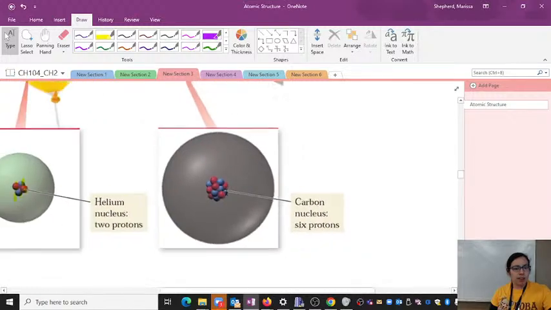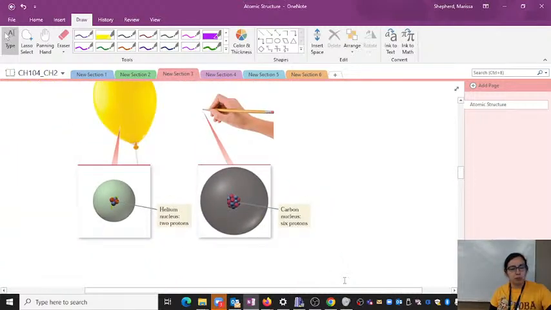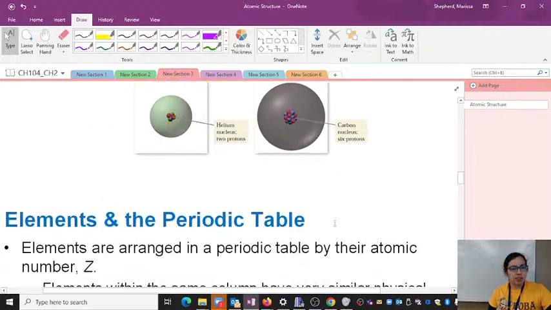And so let's look at carbon. So again, carbon has 6 protons, and then we can discuss more about carbon later, but carbon actually has some isotopes, and we'll define what that means in a little bit.